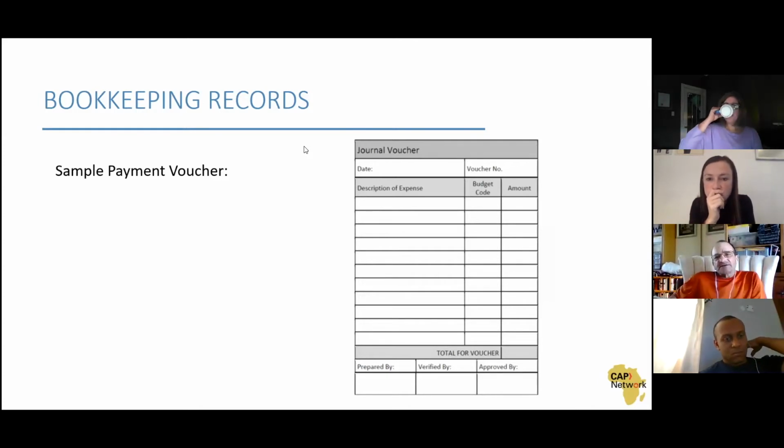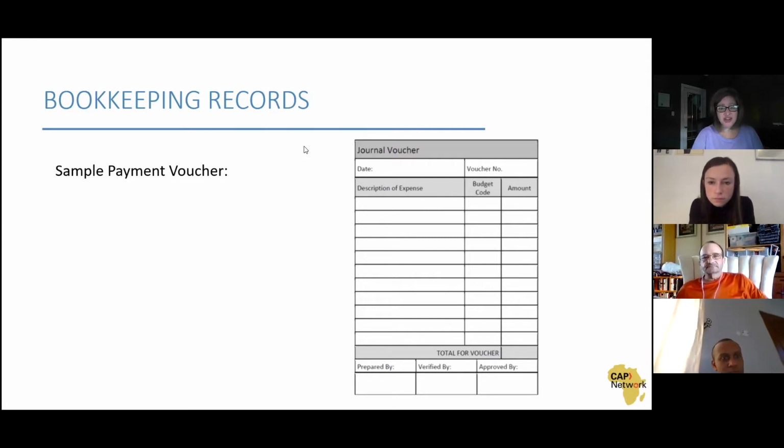So would you put in a total of an amount, like for instance, if something was $100 plus tax of 13, would you put the whole 113 there, or would you break it up into two lines? It really depends on the country, and it depends on how you account for taxes in each country.